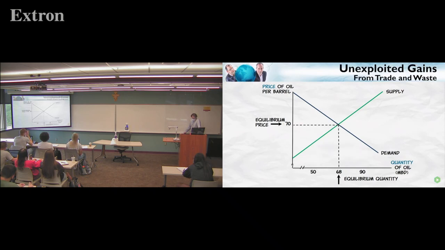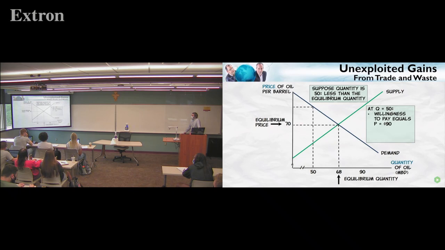Through a similar kind of argument, we can show why this quantity, the quantity such that quantity demanded is equal to quantity supplied, is the equilibrium quantity. Namely, choose any other quantity, and let's show that that can't be an equilibrium. So suppose that the quantity bought and sold was 50 million barrels of oil per day.